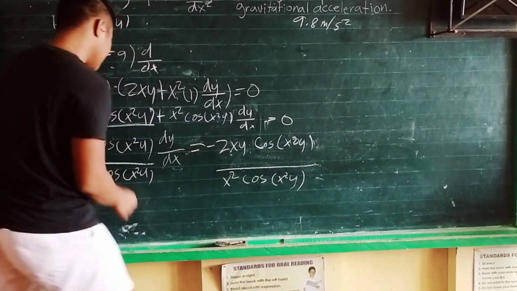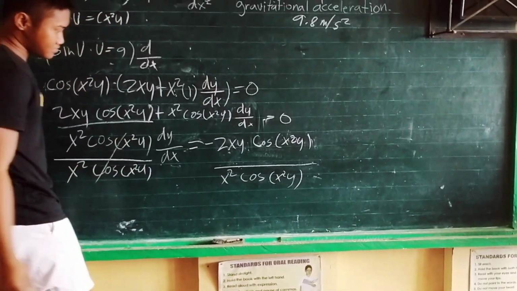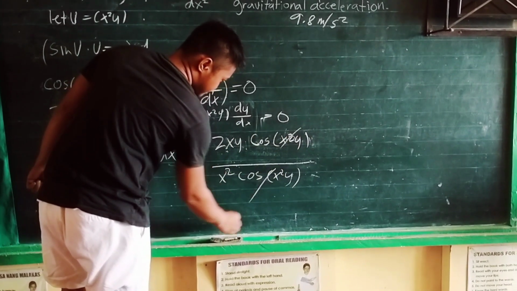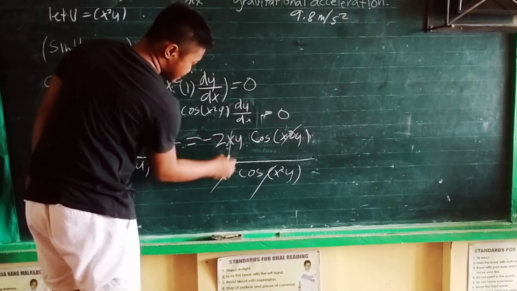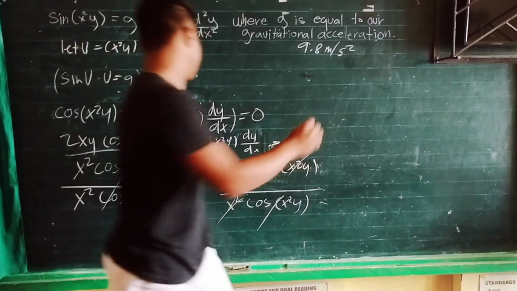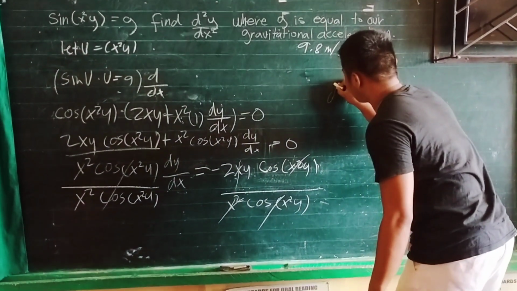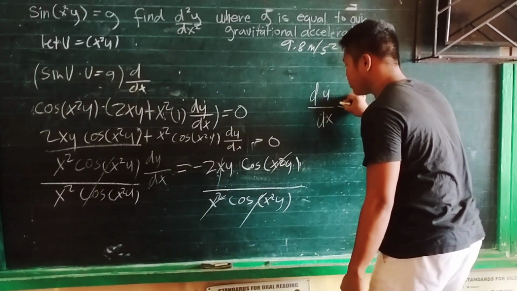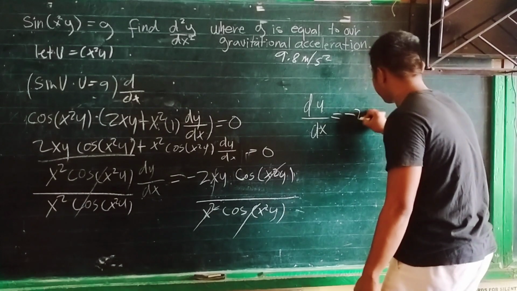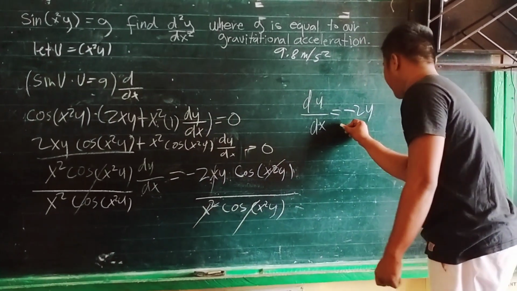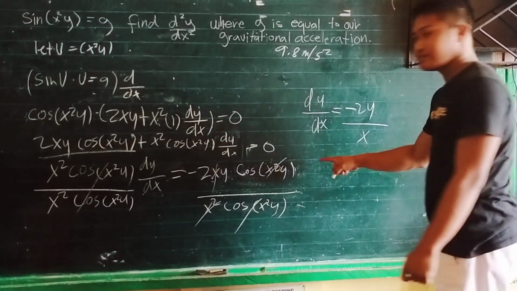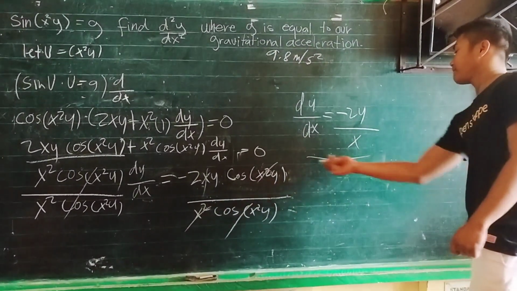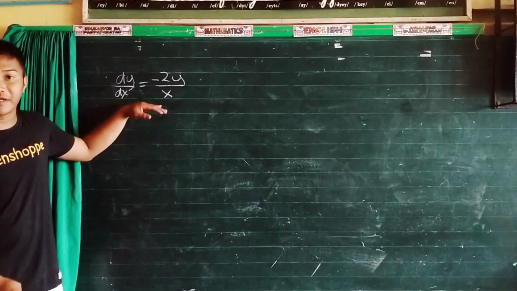So we need to cancel out this one and this one. So the remaining is dy over dx equal to negative 2y over x. So this is our first derivative.